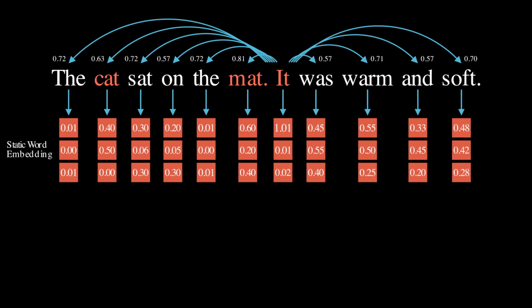Here we can see that the similarity score of "it" with "cat" is 0.63 and with "mat" it is 0.81, which is higher. This means "it" refers to the word "mat" in the earlier line.